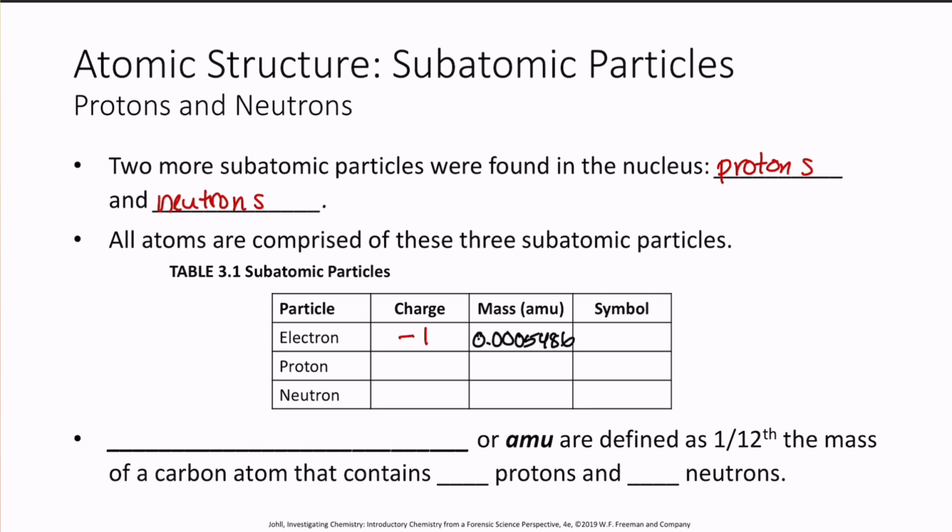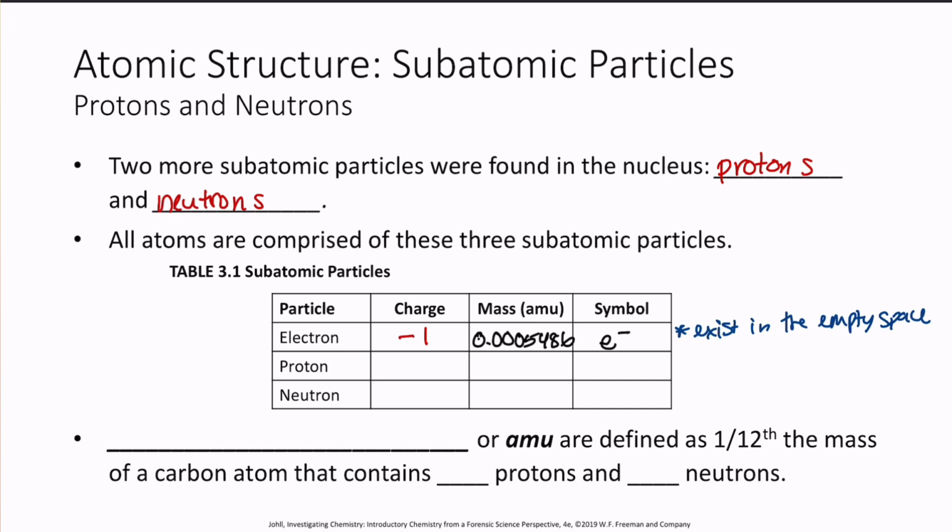The symbol for an electron is a lowercase e with a little negative sign. Electrons exist in the empty space, and that empty space is around the nucleus.